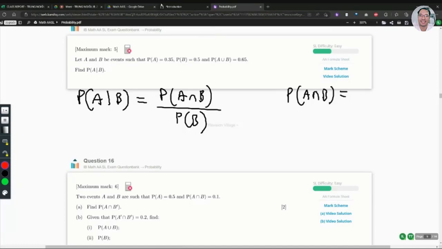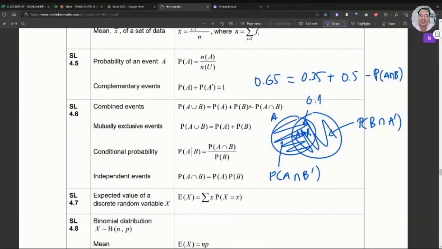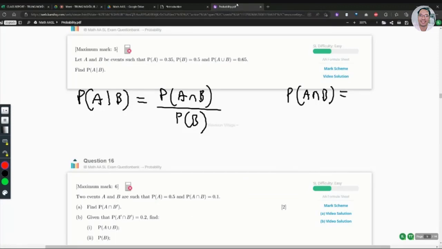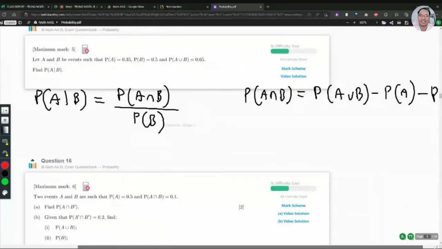From the first equation here, you can determine P(A and B). P(A and B) is equal to P(A) plus P(B), 0.35 plus 0.5, and then subtract P(A or B).